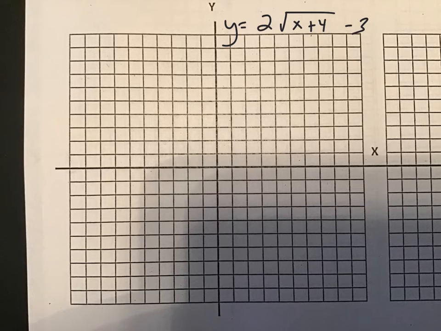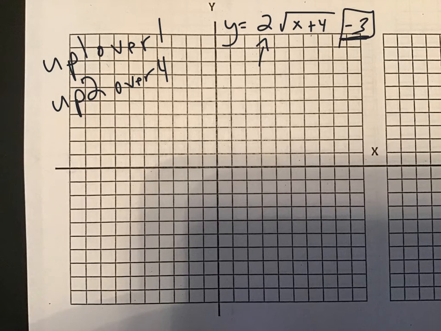So the 2 in this case now is the last thing we're going to apply because that applies to our pattern. We're going to change our pattern. There's the pattern, up 1 over 1, up 2 over 4. But we got to figure out where to start first. So we're going to go down 3, and we're going to go left 4. So let's go left 4. 1, 2, 3, 4, and 1, 2, 3. So there's where our vertex is.